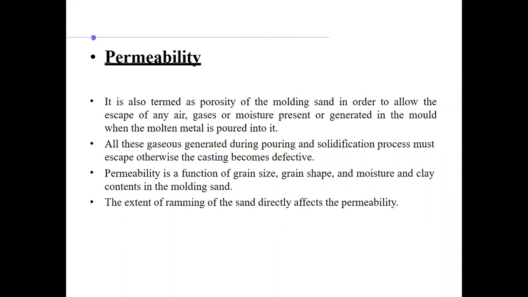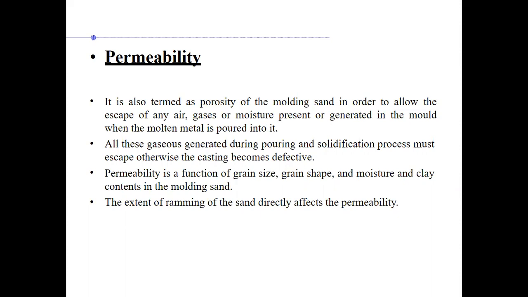When the molten metal is poured and solidifies, it will release certain gases because those gases are not soluble in the solid. They were soluble in the liquid state, but they are not soluble when it is turning into solid. So those gases or air, if present, want to escape.